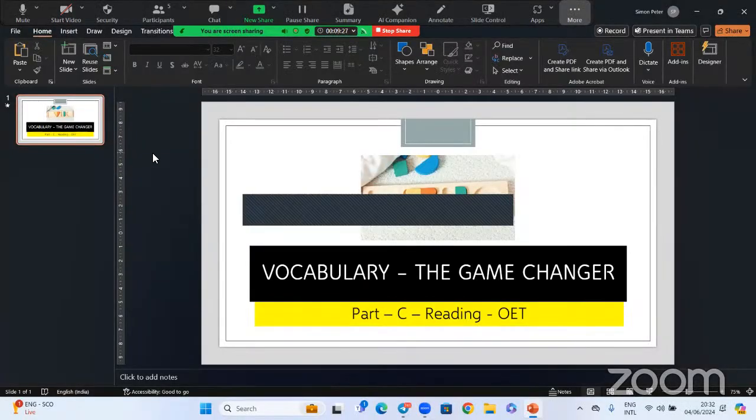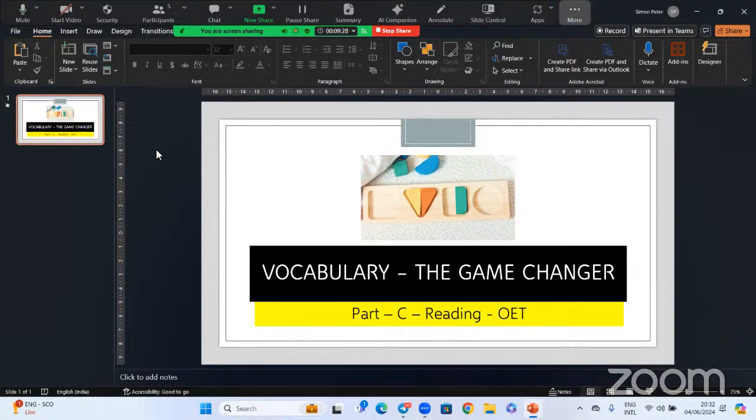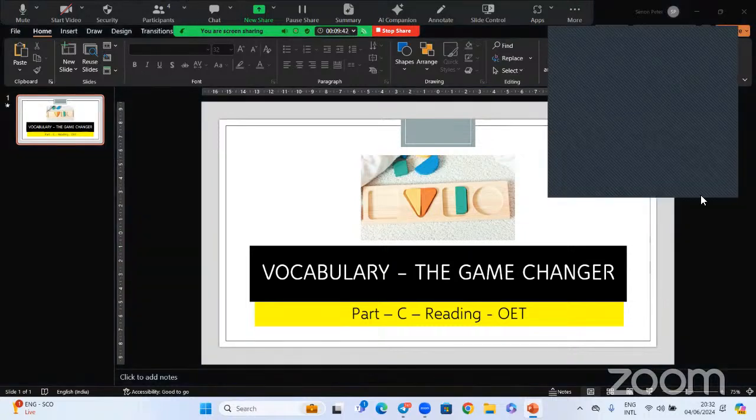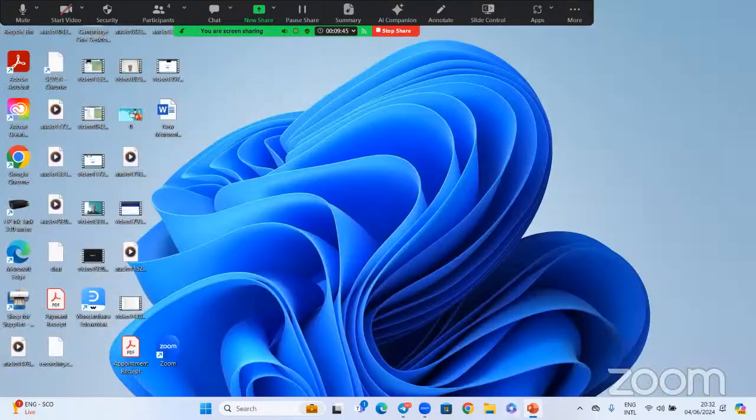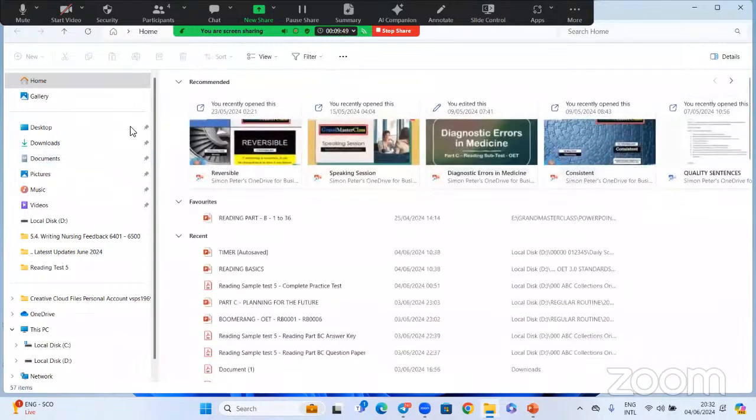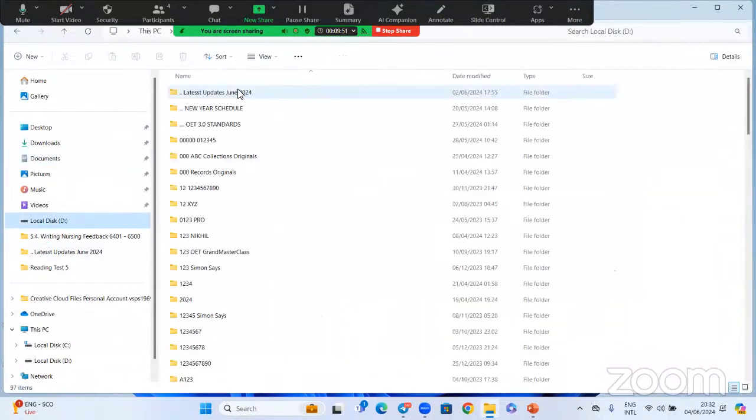Now we are going to learn how to use vocabulary very effectively to draw the answers. So how is that possible? How is the vocabulary simplified? Today we are only focusing on vocabulary.